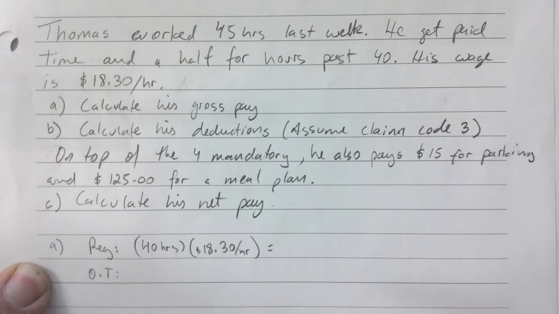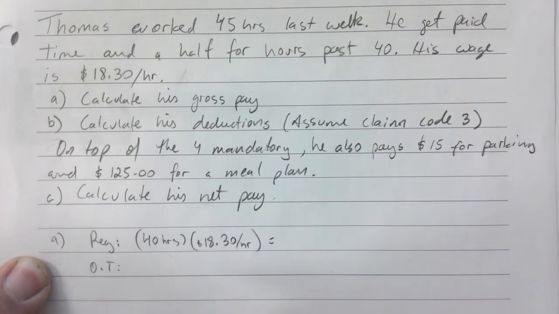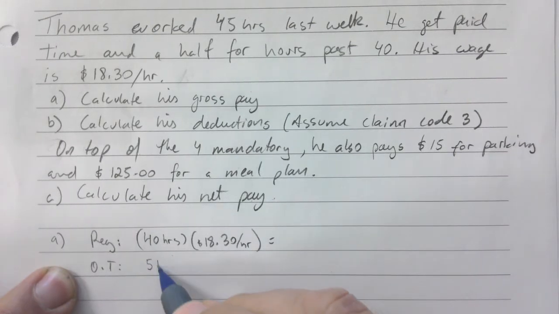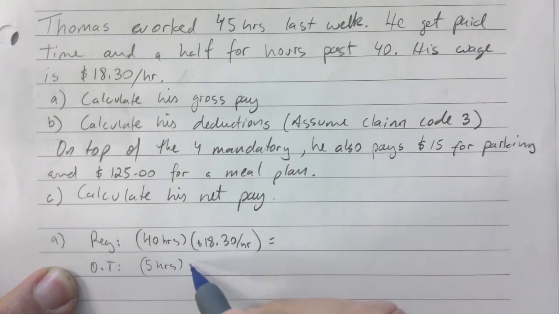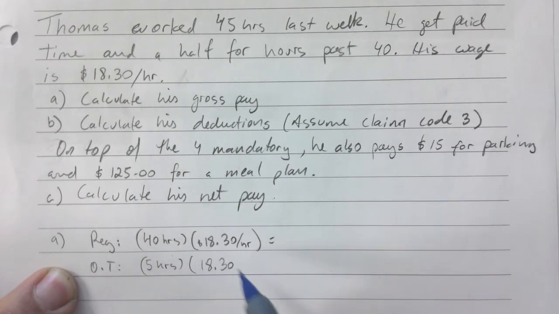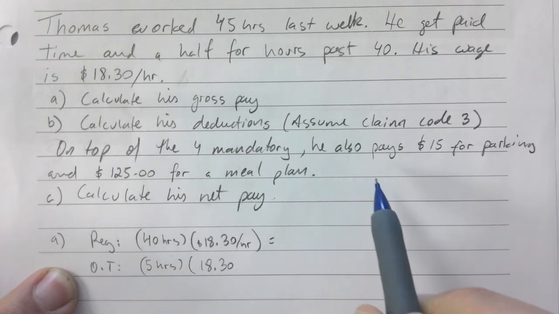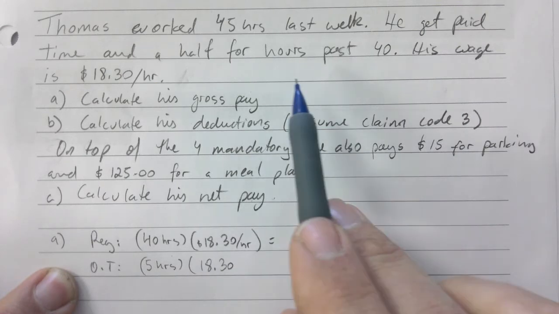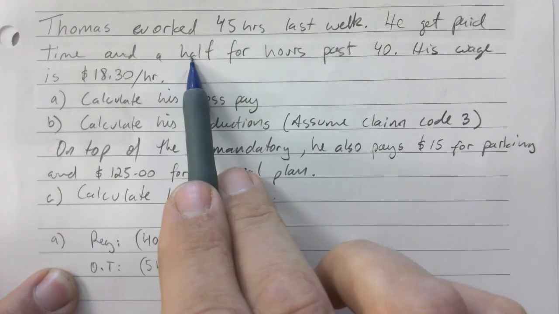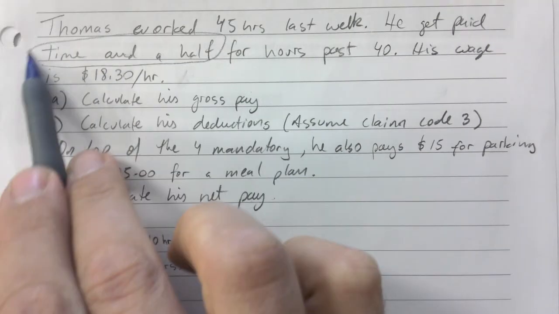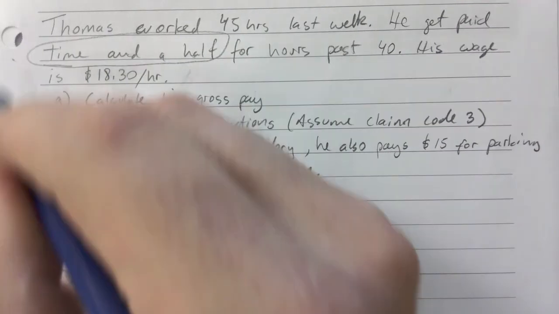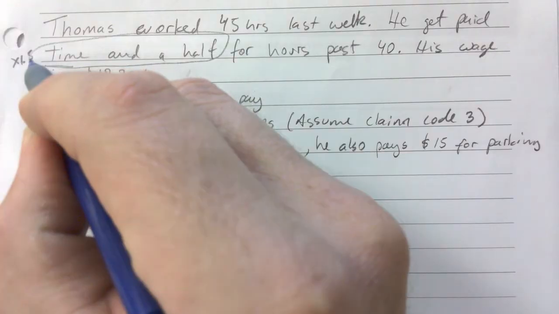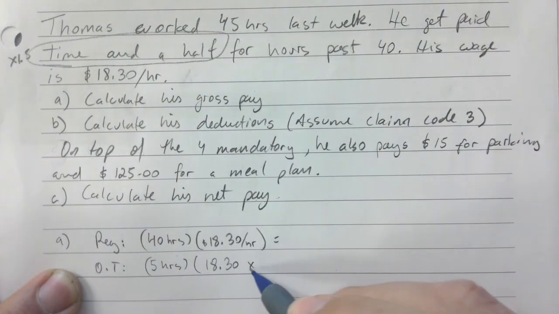For the overtime, we've worked 5 hours of overtime and it's $18.30, but it's time and a half. Okay. If you see that word there, time and a half, that means times 1.5. So times 1.5, and you get something there.